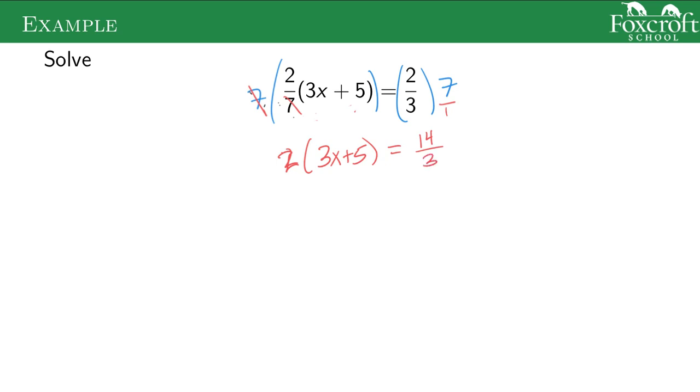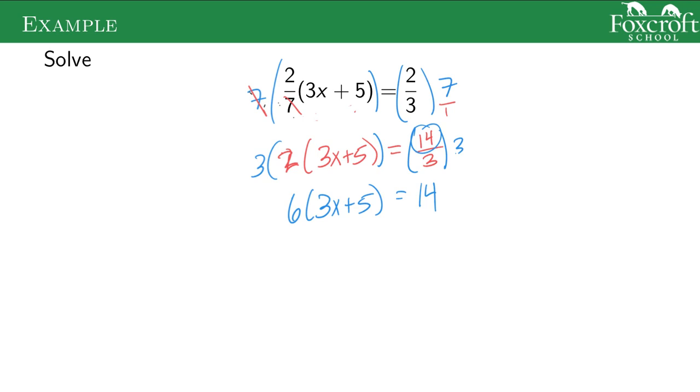And I'm only multiplying the top because it's 7/1, not 7/7. This problem still has a fraction, so I can do the same thing again, multiply everything by 3 in this case, because that's the biggest denominator I have left. That's going to give me 3 times 2 is 6 times 3x plus 5. And here, the right-hand side, again, that's the easier one because the 3 and 3 are just going to cancel and give me that numerator 14.